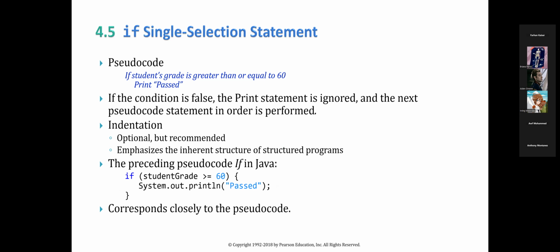Usually it stands for 4 spaces after the first line of code. Here is the preceding pseudocode in Java: if student grade is greater than or equal to 60, then print pass, using System.out.println pass. This is real code corresponding to the pseudocode.